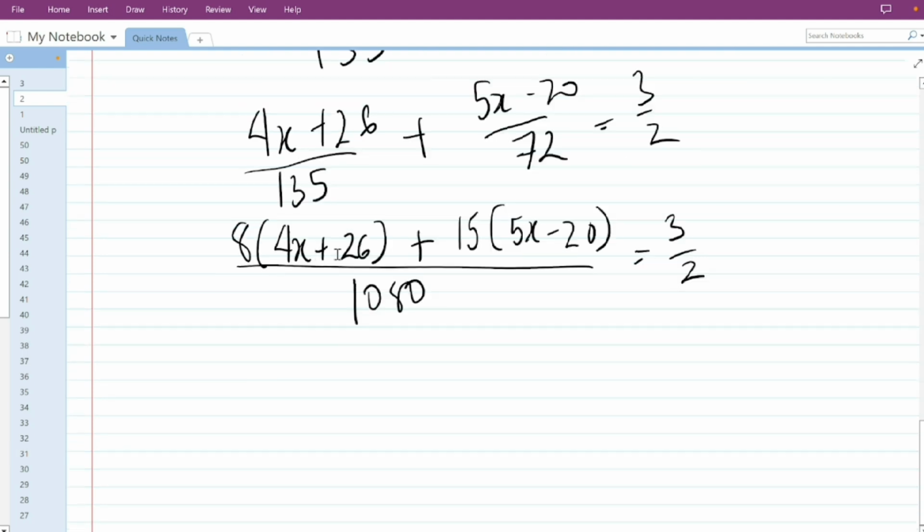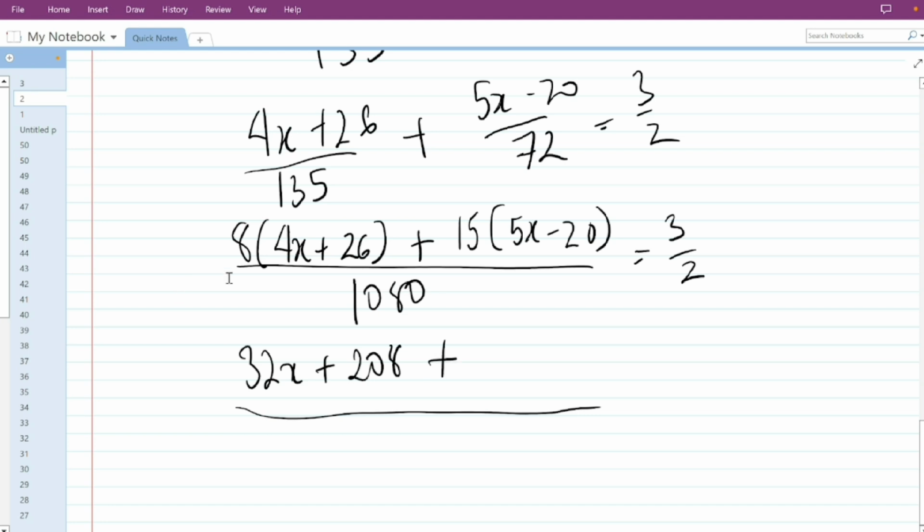We can then choose to open the bracket. So we have 8 times 4x and 8 times 26. 8 times 4x is 32x, plus 8 times 26 is 208. On this side then plus 15 times 5x is 75x, minus 15 times 20 is 300, over 1080 equals 3 over 2.